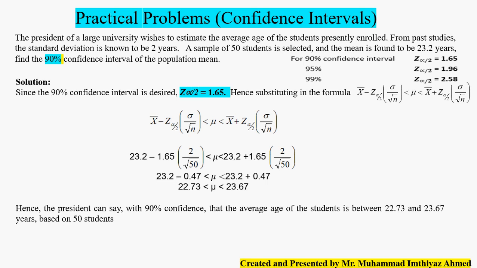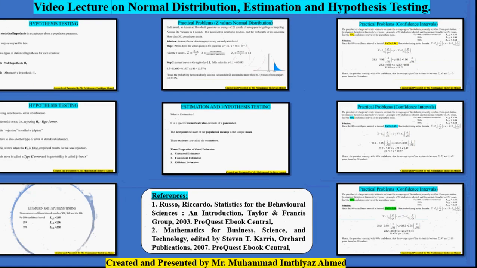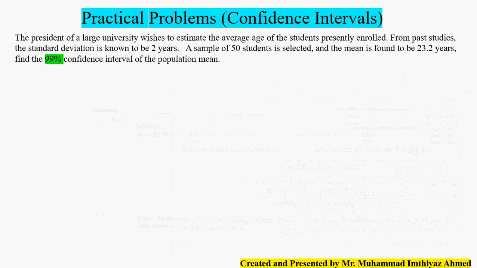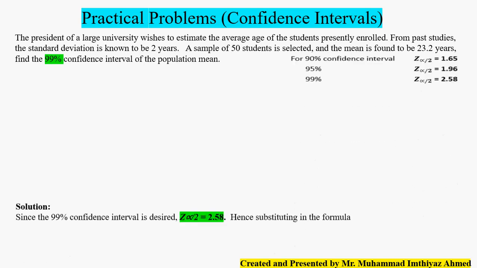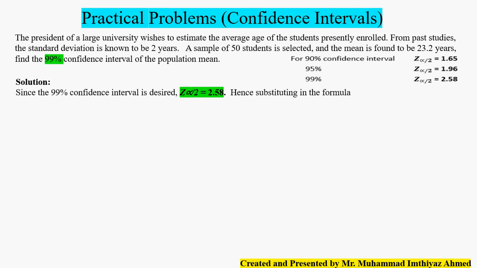I hope this part is clear. Let us understand the same problem for 99%. I will show you the result for 99% confidence interval of the population mean. So when we say 99%, Z alpha by 2 is going to be 2.58. This you have to keep in mind.